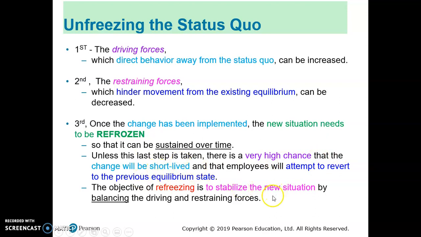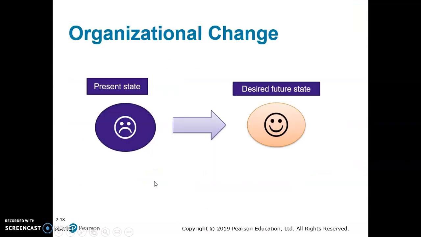That means it goes back to the problem that existed in the beginning. So the employees will attempt to revert to the previous equilibrium. That means if the change isn't refrozen, they will go back to the present state, to their status quo.